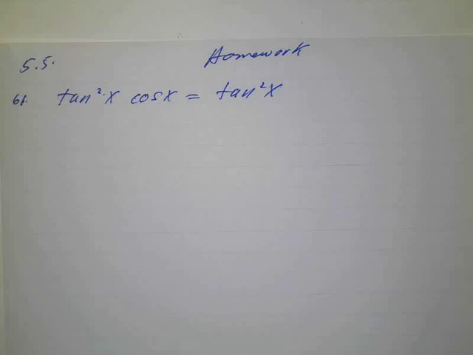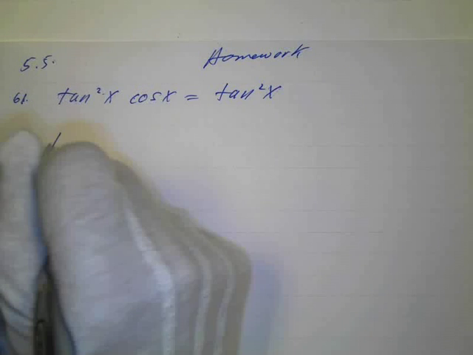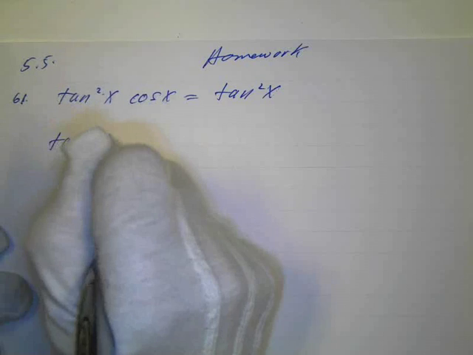Now don't be tempted to divide both sides by the tangent squared of x and get the cosine of x equals 1, because if you do that, you're liable to eliminate a root, because the tangent squared of x could be 0, and you can't divide by 0. So you have to bring it over and factor it. That way you won't lose that root.